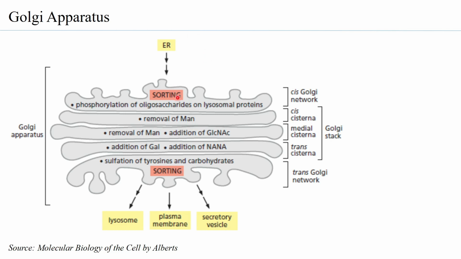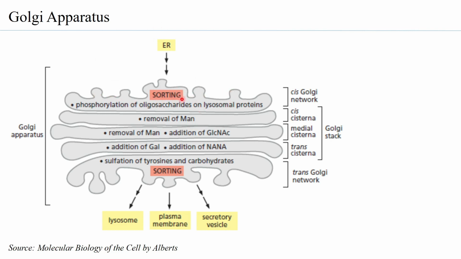In the cis Golgi network, or cis cisternae, are certain receptors called KDEL receptors, because KDEL is the ER retention signal. So all proteins that have KDEL will bind to the KDEL receptors. Those receptors will again bud off from here and be sent back to the ER. Such sorting is done in the cis phase of the Golgi apparatus.